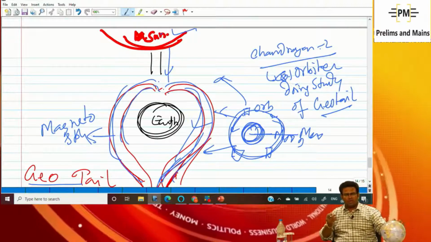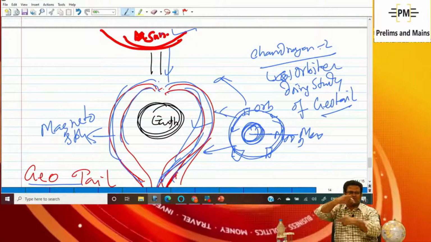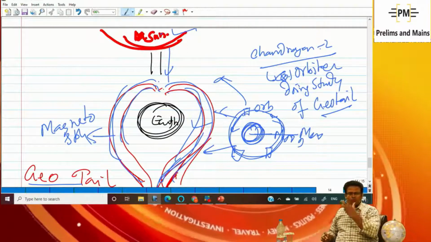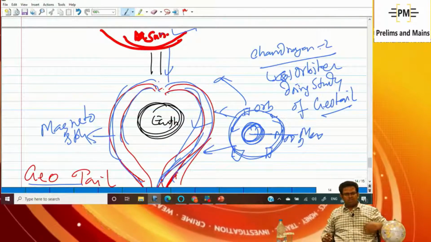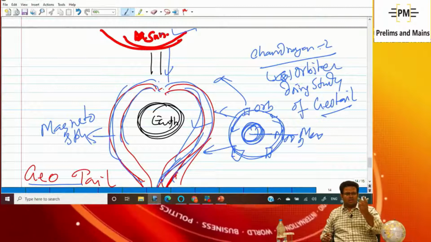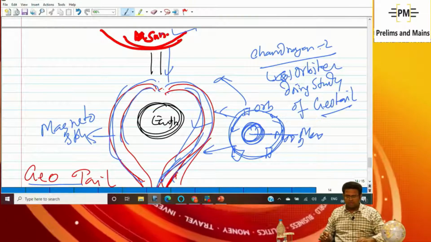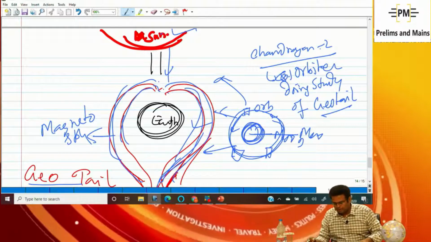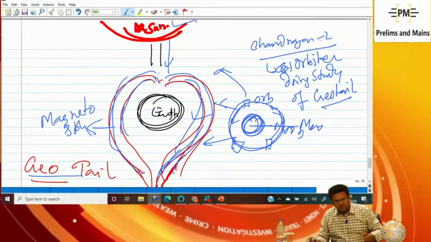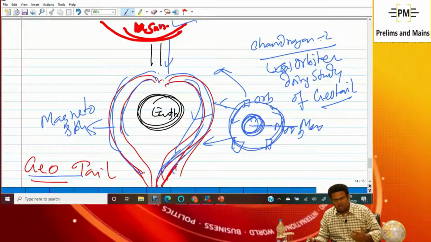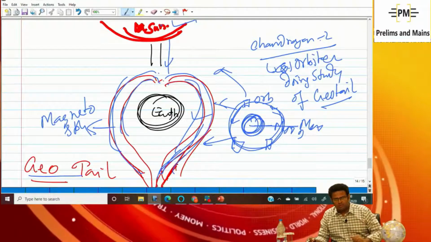So it is in the dark for a few minutes, something like that. The orbiter does not have a problem. I am talking about the Vikram lander and Pragyan. Clear? Because the orbiter can have a solar panel and so many things. So it is still working over there.